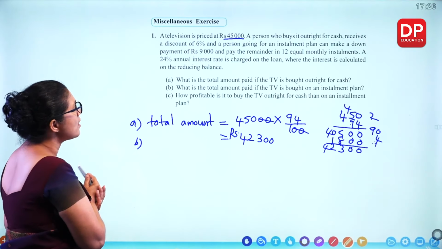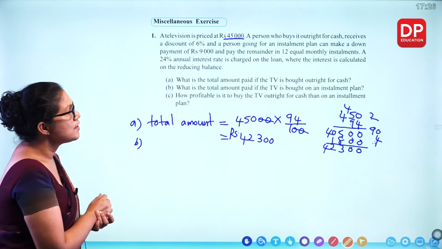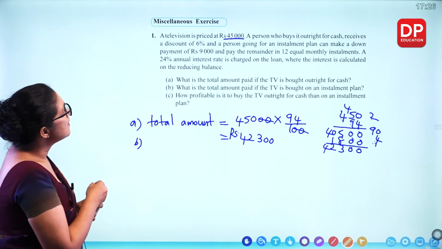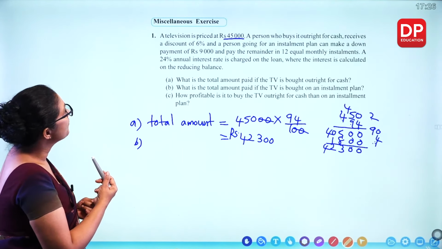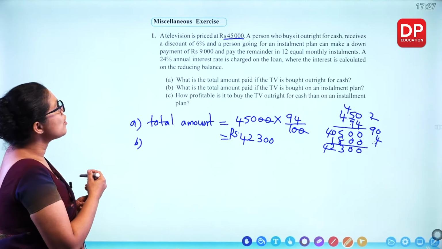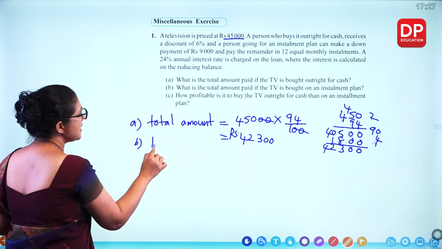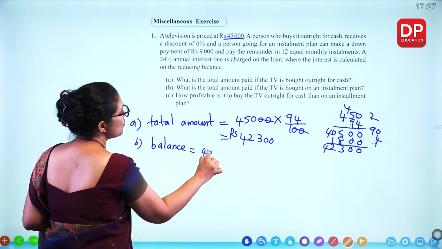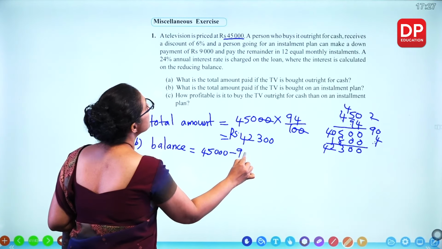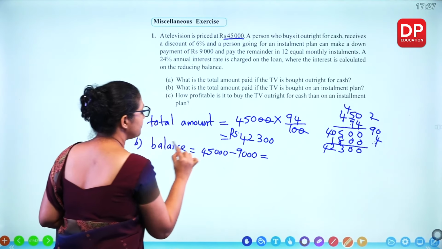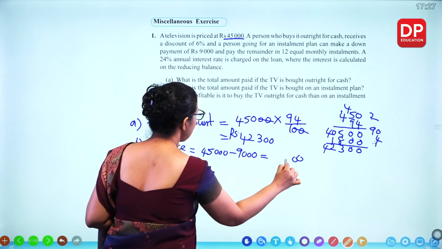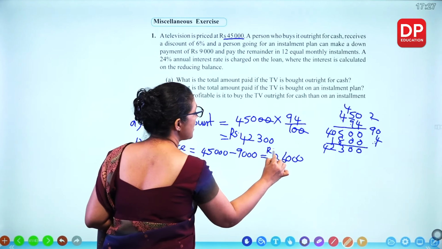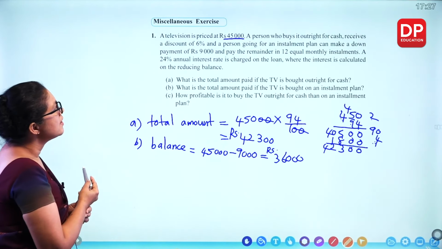Part B. What is the total amount paid if the TV is bought on an installment plan? Then what's the other method? So down payment of 9,000. So what's the balance amount? 45,000 minus 9,000. So you get 36,000 you have to pay with the interest.